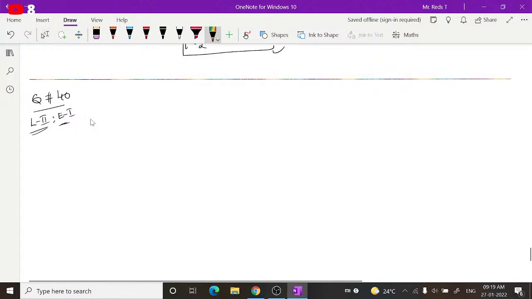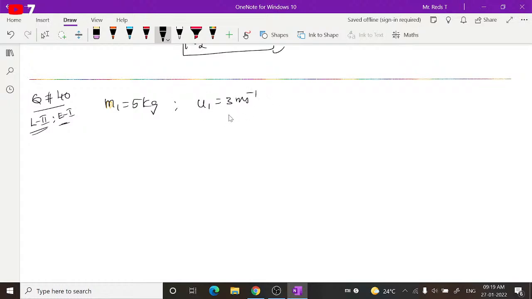Right, so what is given here? A body of mass 5 kg, let's say it is m1. m1 is equal to 5 kg, moving with a speed of 3 meters per second. The initial velocity of this is 3 meters per second.